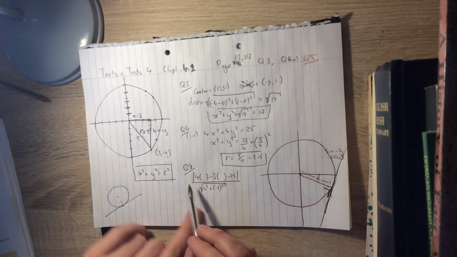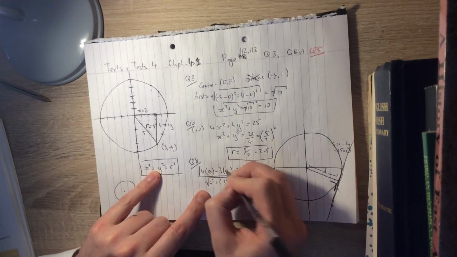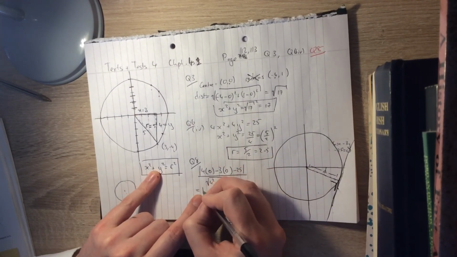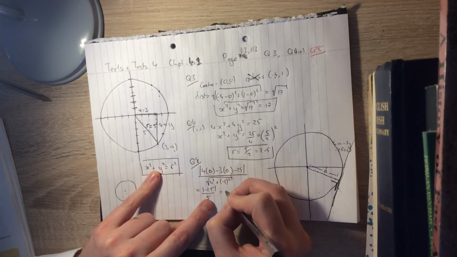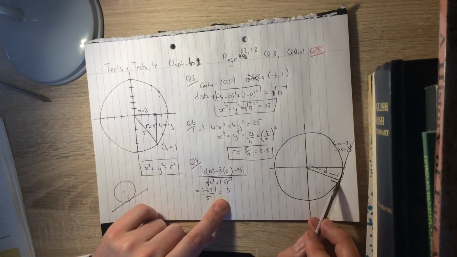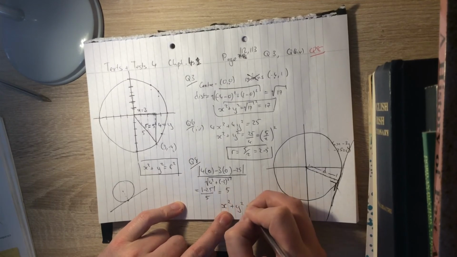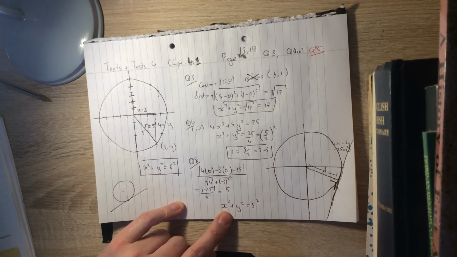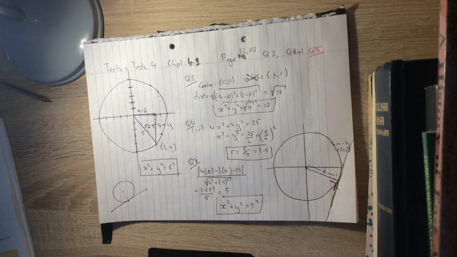Using the perpendicular distance formula, I can plug in 0, 0, and I get the absolute value of minus 25 over 5, which is 5. So 5 is the radius of this circle, which means its equation is x squared plus y squared equals 5 squared, or equals 25.